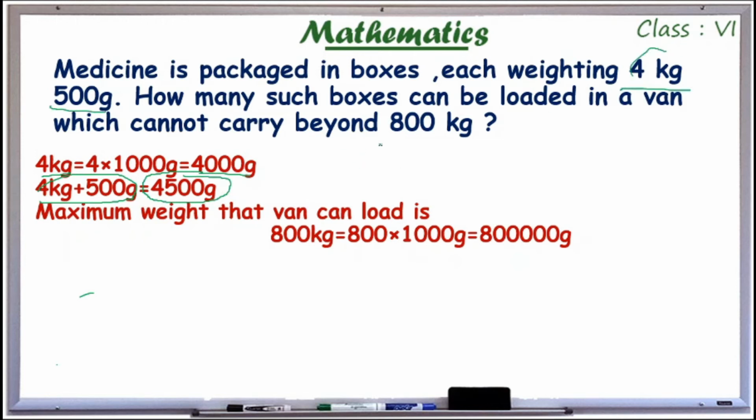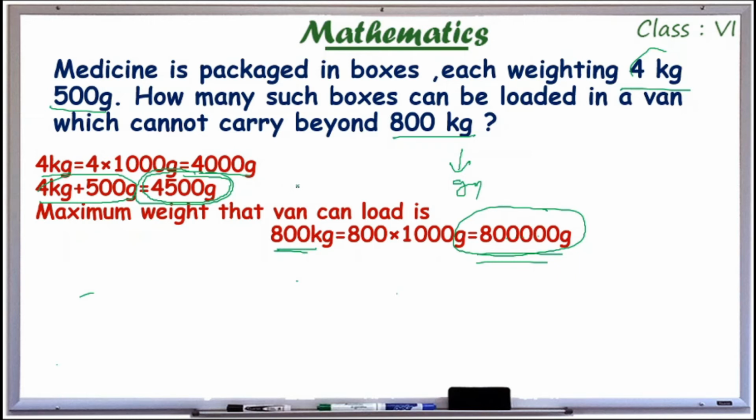4500 gram, and also the maximum weight 800 kilo. So converting into gram, I get 800 into 1000, which is equal to 8 lakh gram in total, and 4500 gram for one packet. So I have to find the number of packets.